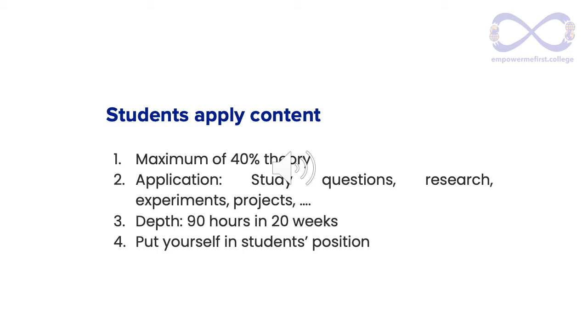Try to give a mix of at least 40 to 60, meaning no more than 40% theory and at least 60% application. Remember, study time per semester is about 90 hours. This means students study 4 to 5 hours per week. You can triple the time you yourself need to go through a lesson to understand how long they might take.